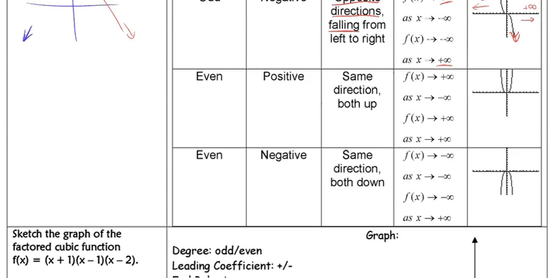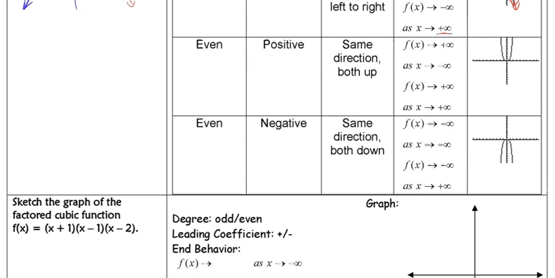All right, that's for odd functions. Now for even ones, and you're pretty familiar with one even function in particular, a quadratic, so x squared. Here, our degree is even. And notice that when it's even, it's going to go the same direction.